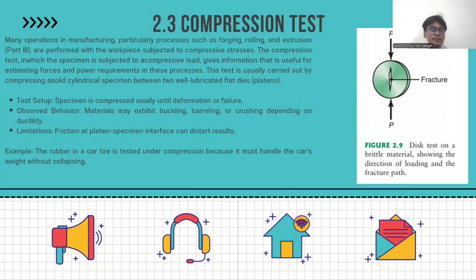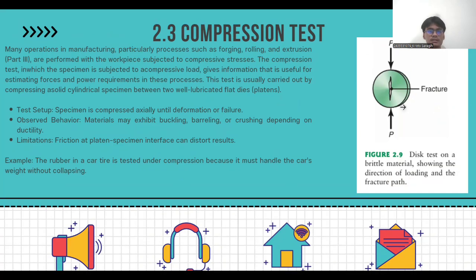Many operations in manufacturing, particularly processes such as forging, rolling, and extrusion, are performed with the workpiece subjected to compressive stresses. The compression test, in which the specimen is subjected to a compressive load, gives information that is useful for estimating force and power requirements in the processes.